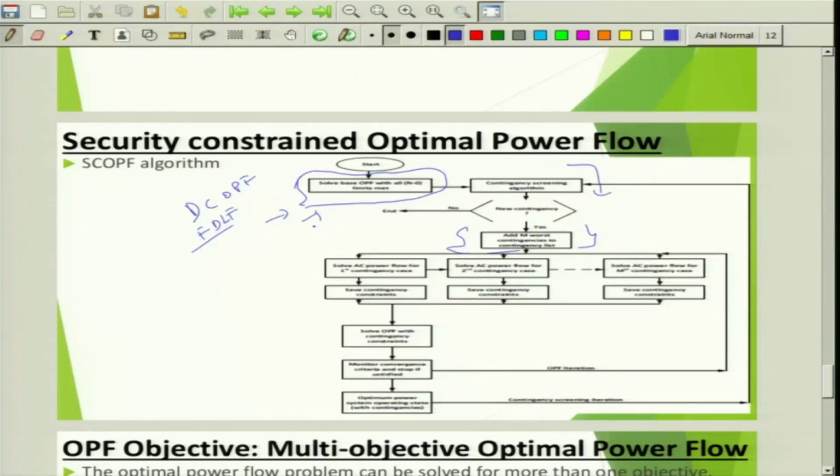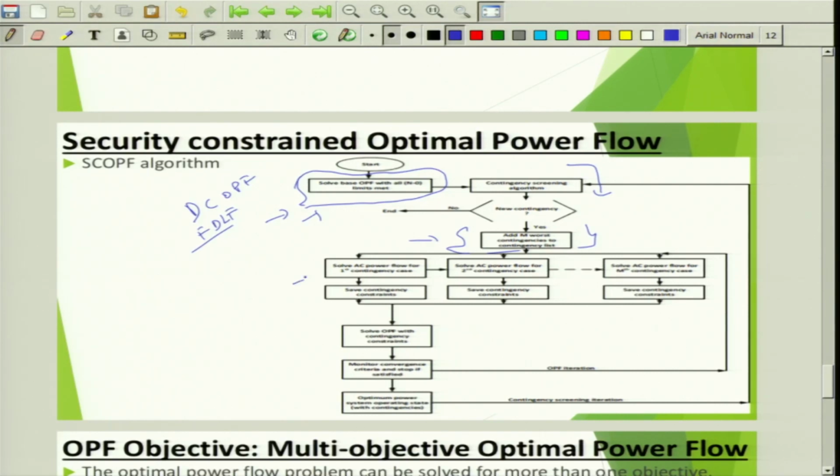Now you prioritize them: out of, let us say, 100 combinations, you shortlist the 10 or 20 most critical ones, based on the initial screening using DC OPF or fast decoupled load flow. Now you have the set of all critical contingency cases.